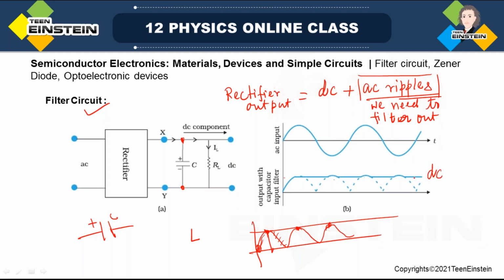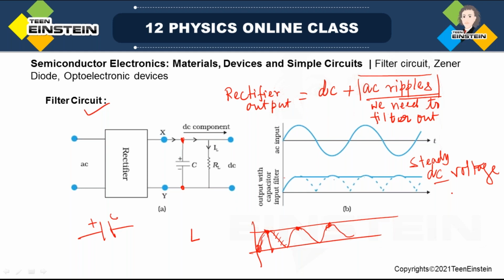Look, this is a real constant, or it is called steady DC voltage. So this is how filter circuit can be used.